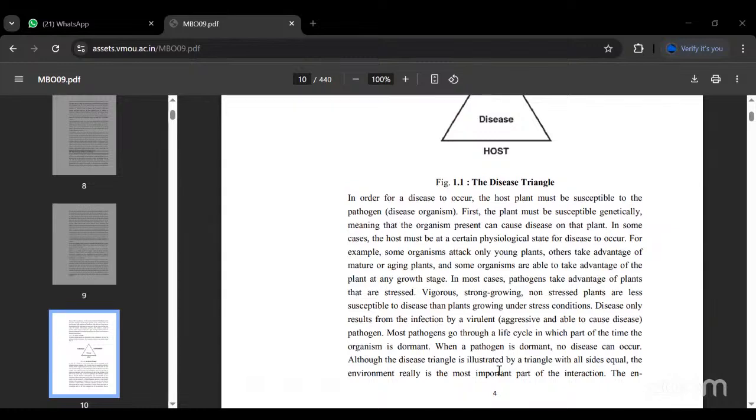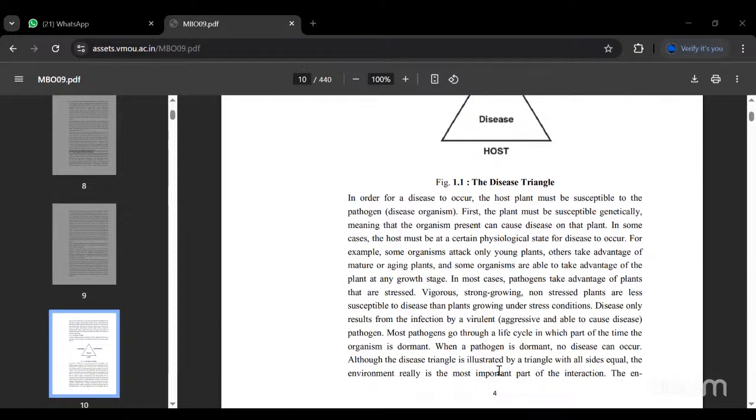Disease results only from infection by a virulent pathogen, that is, one that is aggressive and able to cause disease. Most pathogens go through a life cycle in which part of the time the organism is dominant. When a pathogen is dormant, no disease can occur.